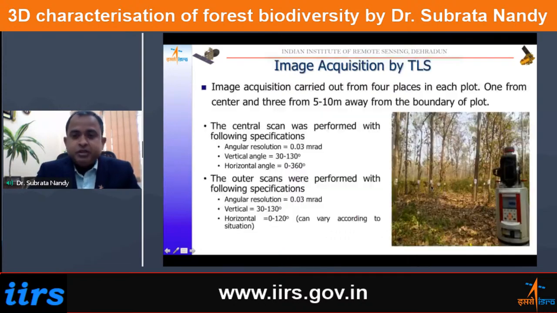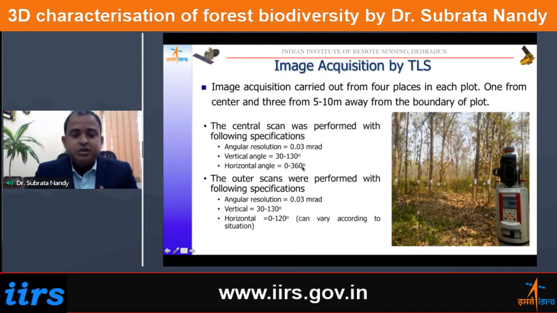When you're scanning from the center, you can scan in a horizontal angle of 0 to 360, the full circle, and the vertical angle is fixed for this instrument, 30 to 130 degrees. But when I'm scanning from outside, the view should be less.